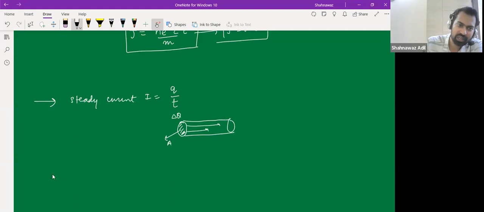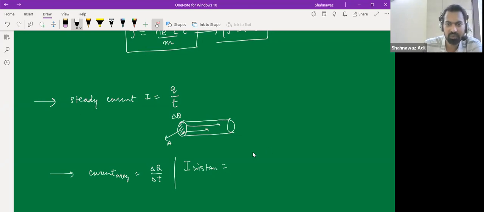Then we said the average current was delta q by delta t. And then we also saw the instantaneous current, the current at a specific point of time. This was a small change in charge over a small change in time.